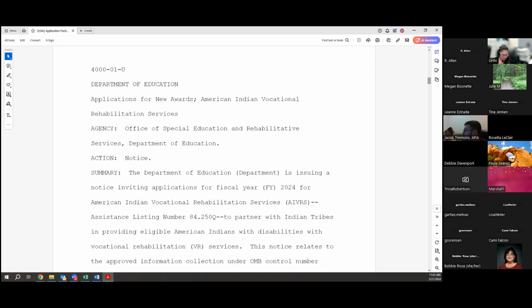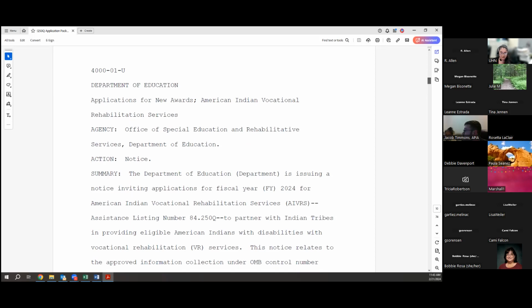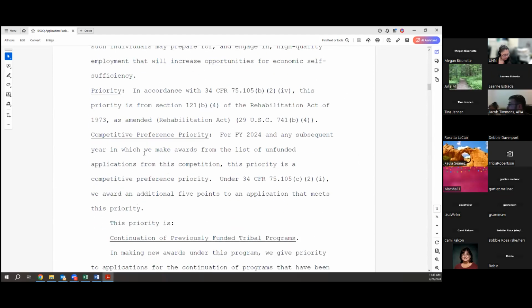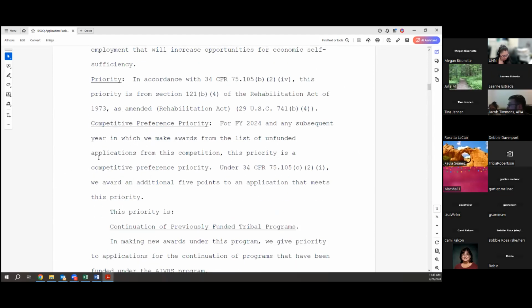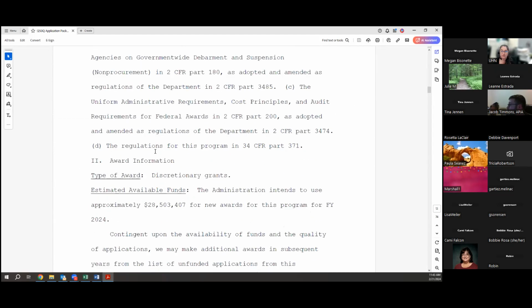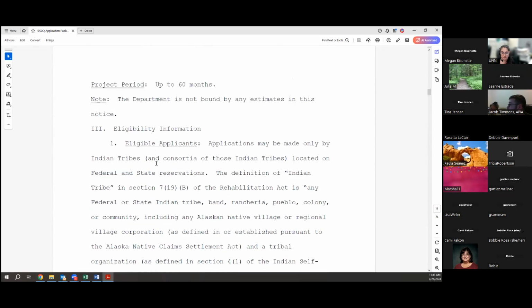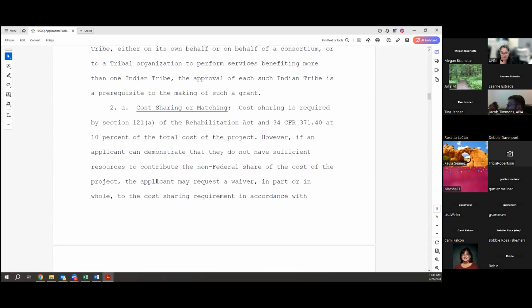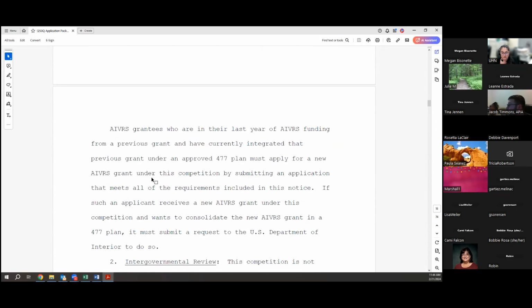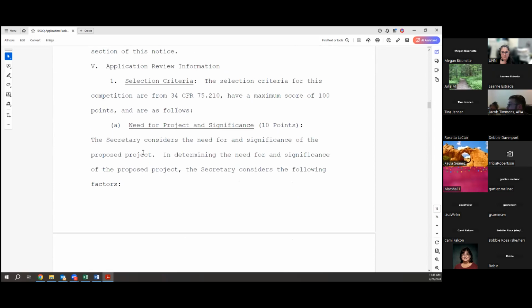We want to jump into where you address the narrative, which starts at section 5, application review information. There we go. Yep.